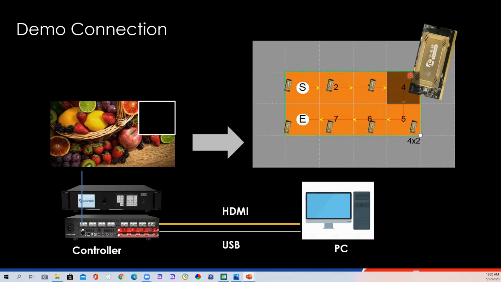Then we know that there's some problem with the number 4 receiver. Okay, wait a minute. I will open the software to show the demo of how to upgrade the receivers.